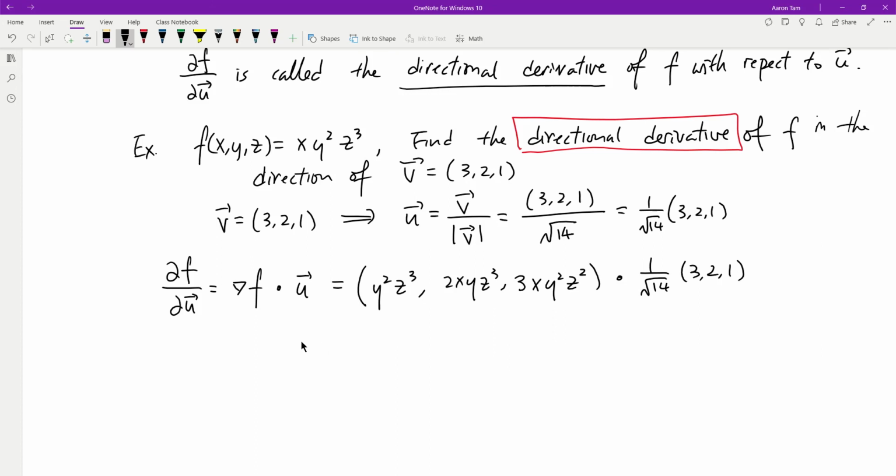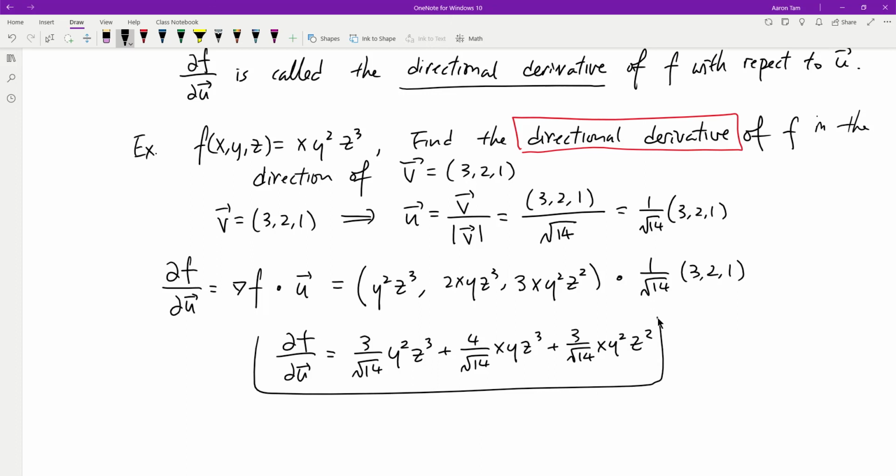So therefore, this df over d vector u would come out to be 3 over radical 14 y squared z to the third plus 4 over radical 14 xyz to the third plus 3 over radical 14 xy squared z squared.